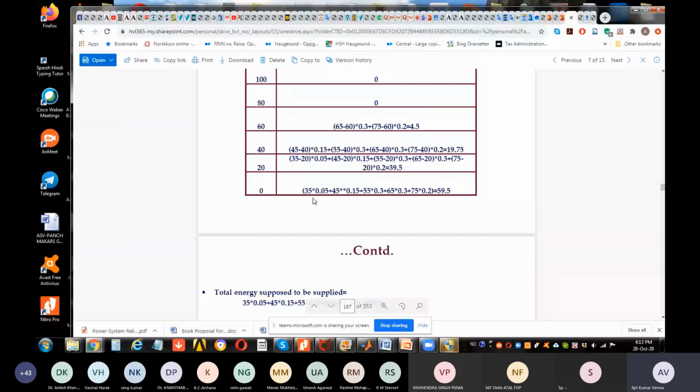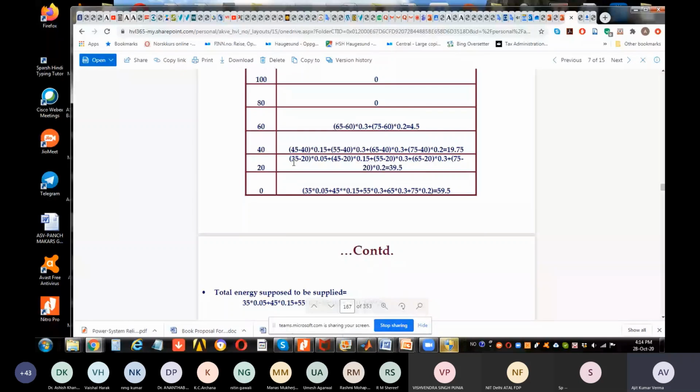Likewise, when you come to 20, if the peak load is less than 20, you lose nothing. But if the peak load is 35, for example, then you lose 15, which lasts for 5% of the time, as given in the profile of how long 35, 45, 55, 65, and 75 last.